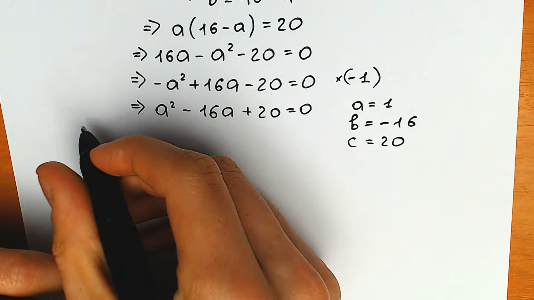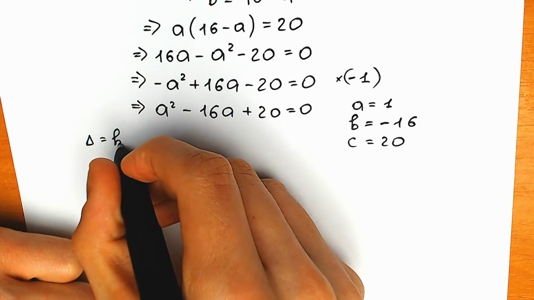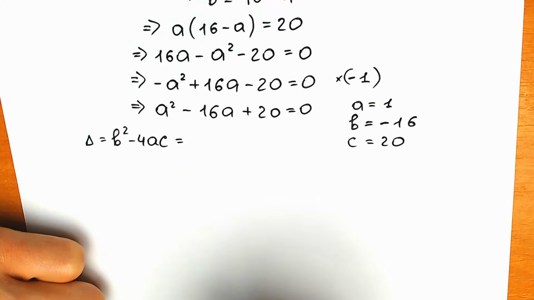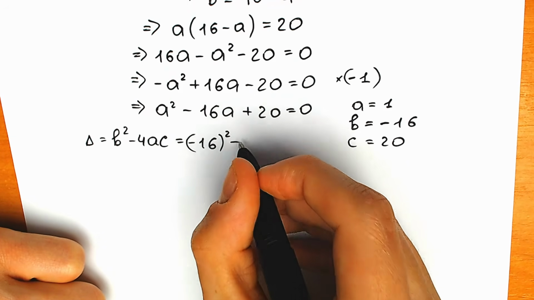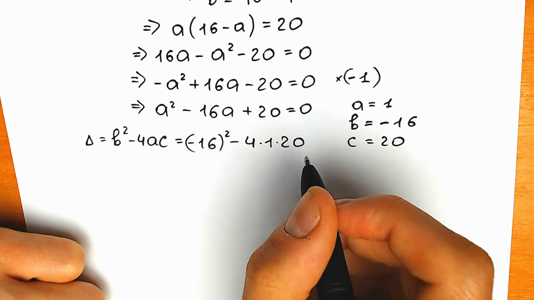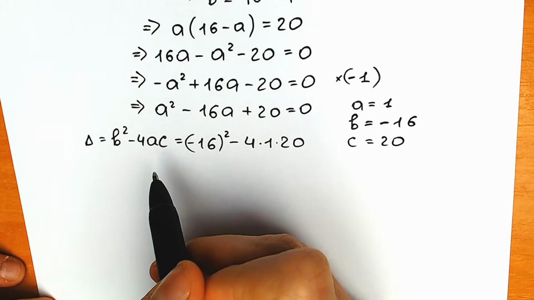First of all, I'm going to solve for the discriminant: b squared minus 4ac. So minus 16 squared minus 4 times a times 1 and times c times 20. Right now let's simplify it. So we plug each of these elements into this spot.